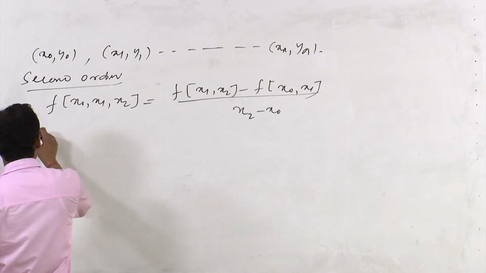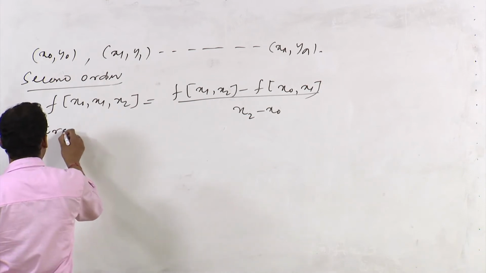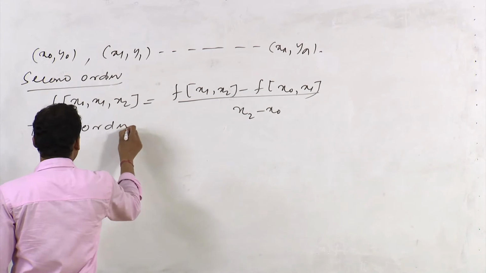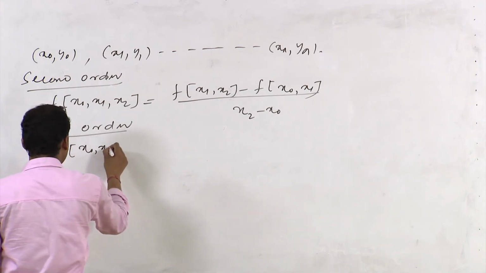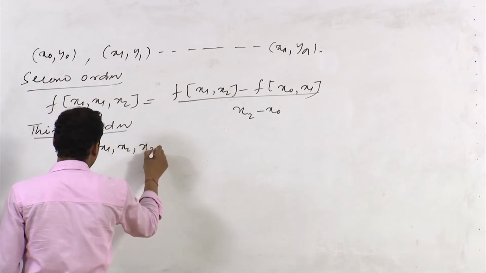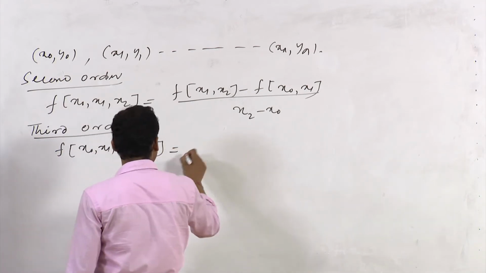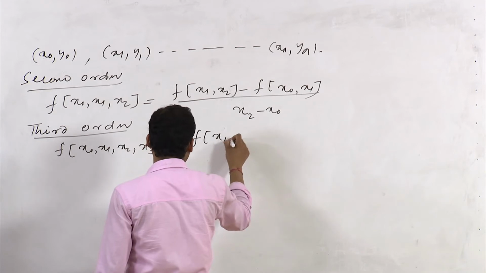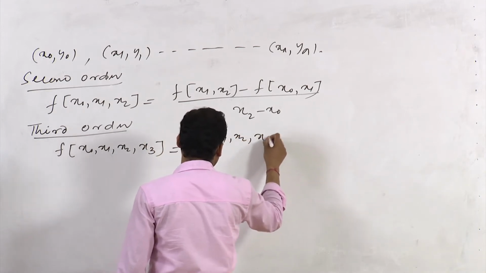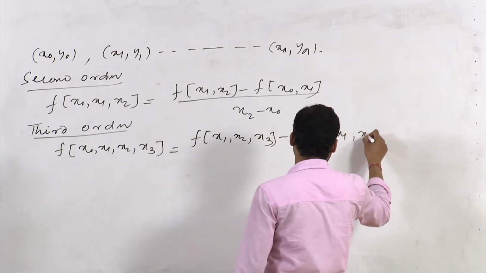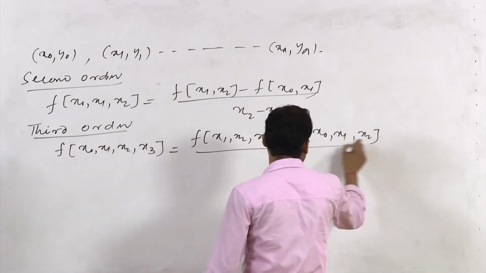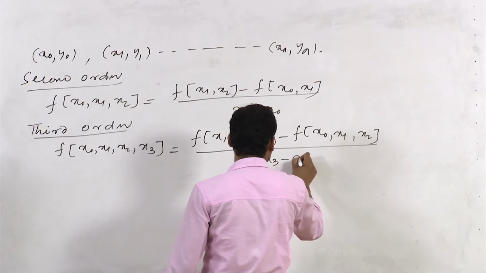If we go for third order divided difference, then we have to consider 4 points, x0, x1, x2, x3, and it can be written in the form f of x1, x2, x3 minus f of x0, x1, x2 divided by x3 minus x0.